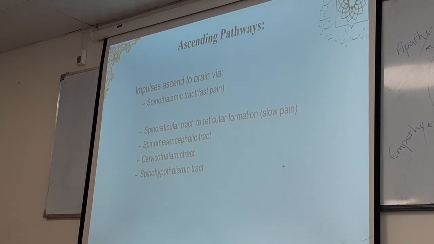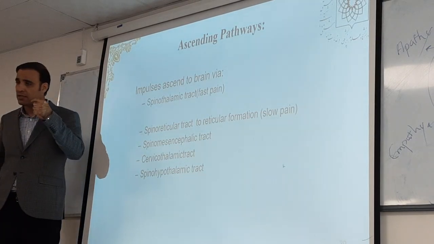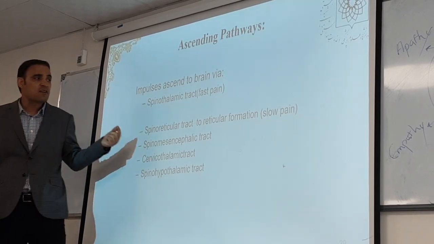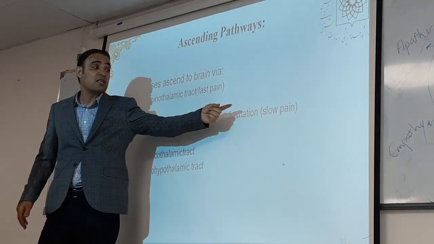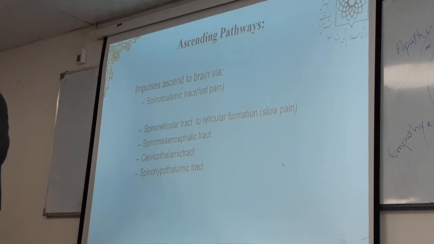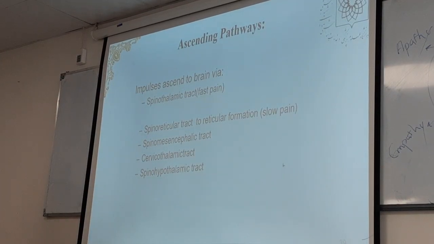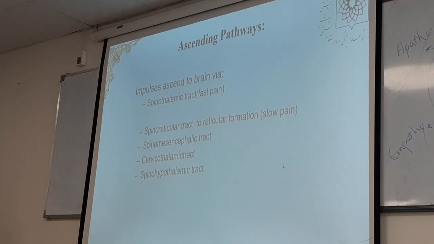Now pay attention. A copy of the information from the pain that comes to the spinal cord will go to the reticular formation, particularly the slow pain. You may say, what is the importance of this pathway? When we have a pain, you say, last night I had a headache and I was not able to sleep.